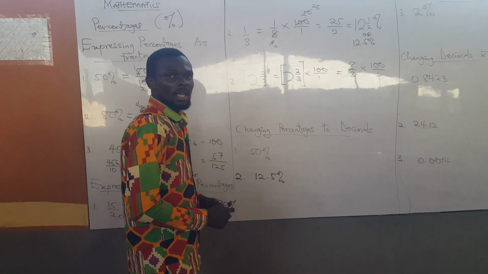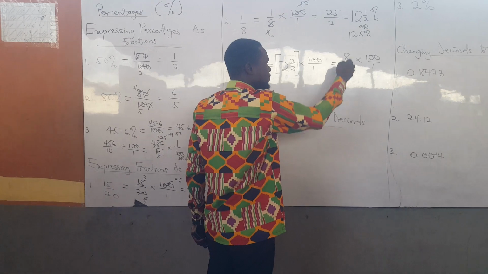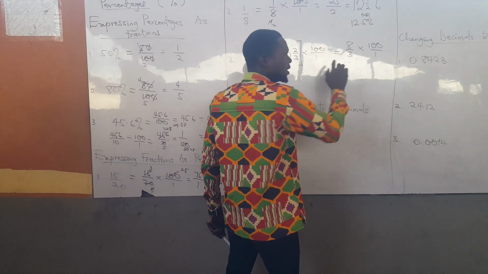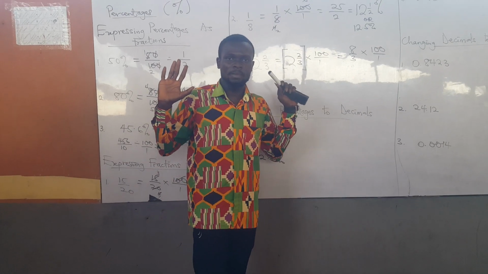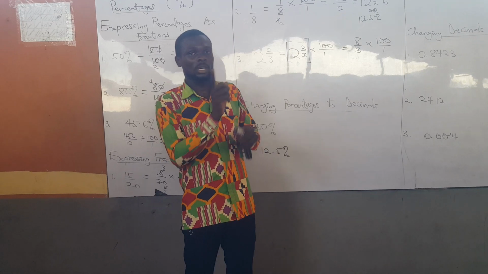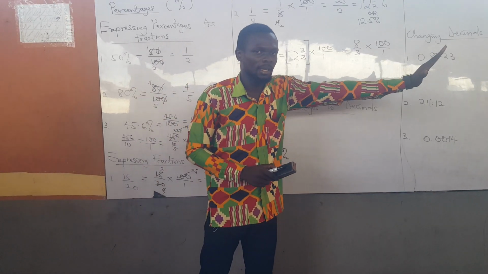Check and see if you can cancel out. Can I cancel vertically? No. Can I cancel horizontally? No, you can't. So it means it is not possible to cancel. So you just do what? Multiply.